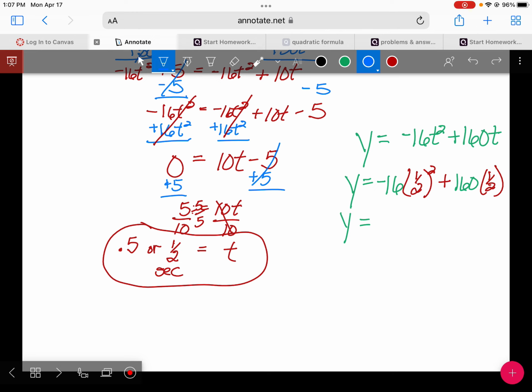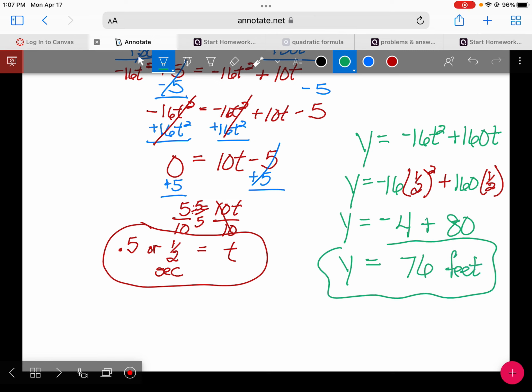Yes. Negative 4 plus, what is half of 160? 80. And what is negative 4 plus 80? 76. And this is my height, so it is 76 feet.